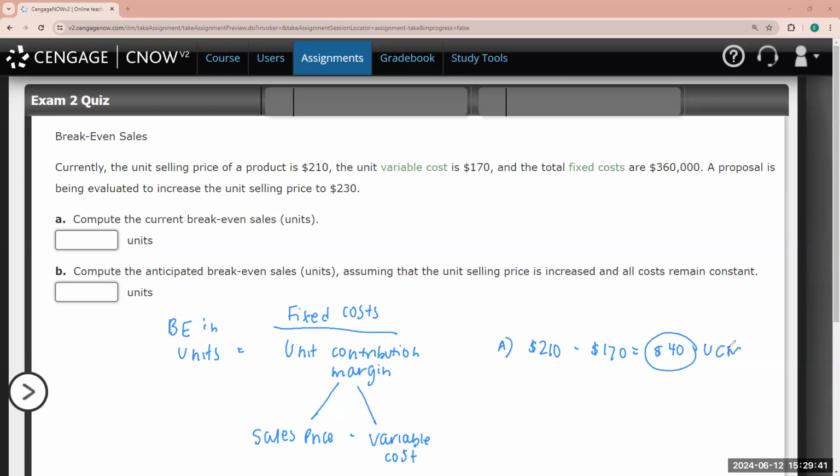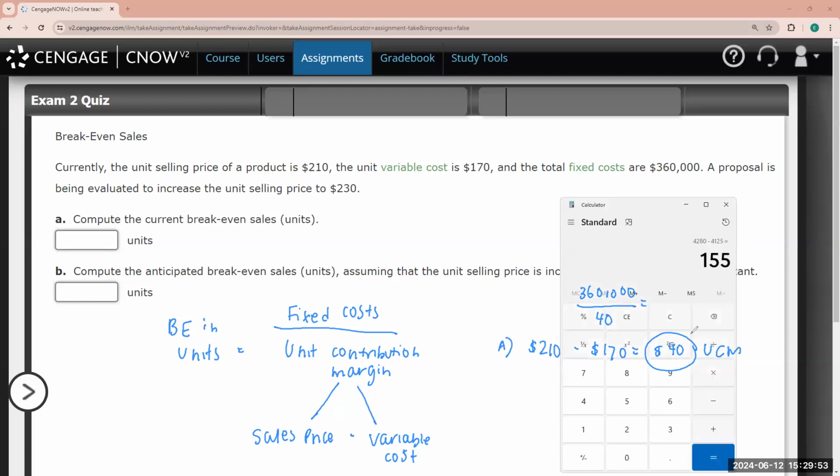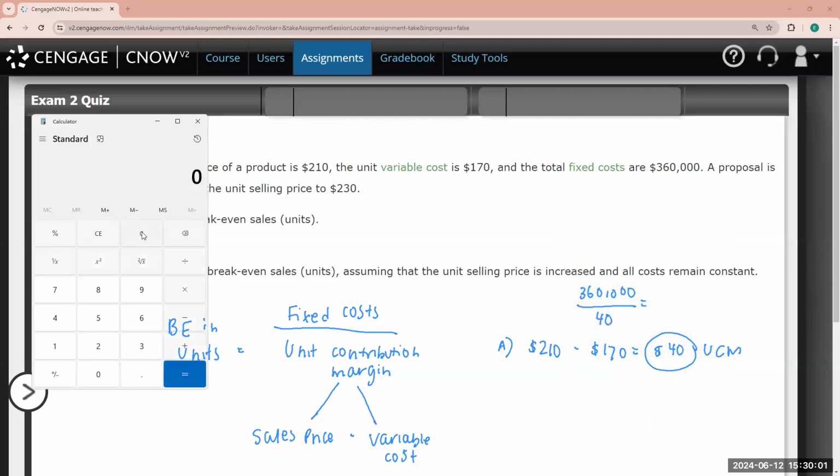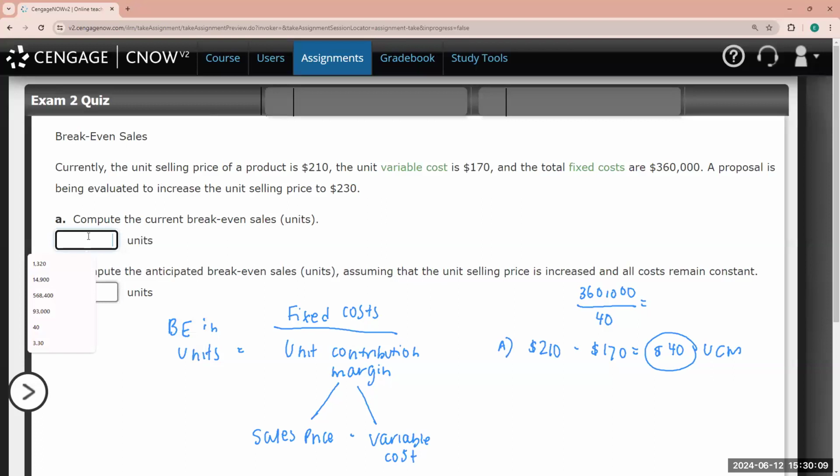So based on this information, we have fixed costs of $360,000 divided by our unit contribution margin of 40. So therefore, our break-even sales in units, considering the current selling price and the current variable cost, is as follows. 360,000 divided by 40 equals 9,000 units.